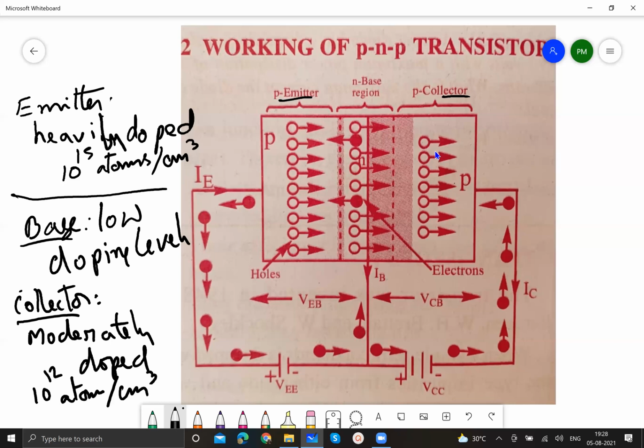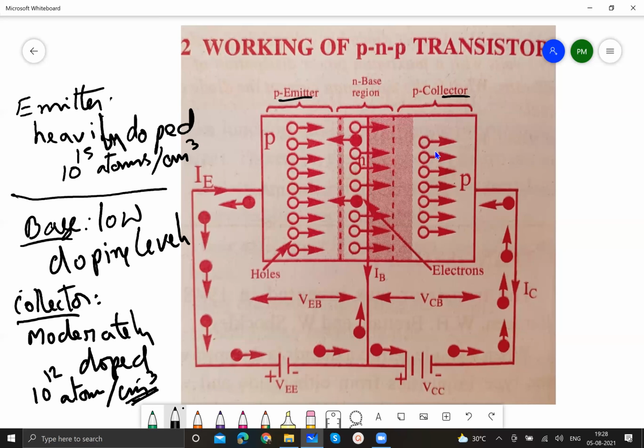That is, for every 1 centimeter cube volume of the pure semiconductor, 10 to the power of 15 boron atoms are added for the emitter. Just for example, I am telling. Similarly, for every 1 centimeter cube of pure germanium, 10 to the power of 12 boron atoms are added.